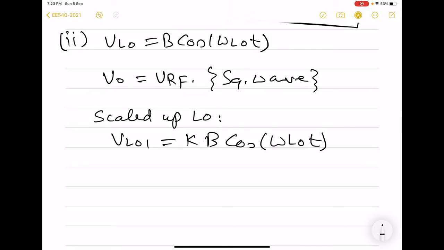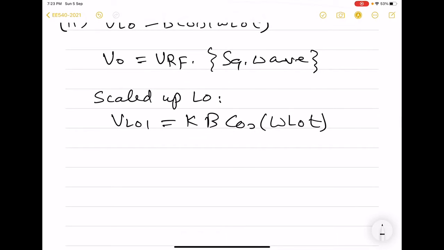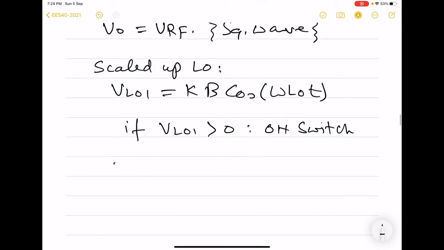Now in this case also we know that if VLO1 is greater than 0, this implies on switch, and the new output is again going to be VRF only.